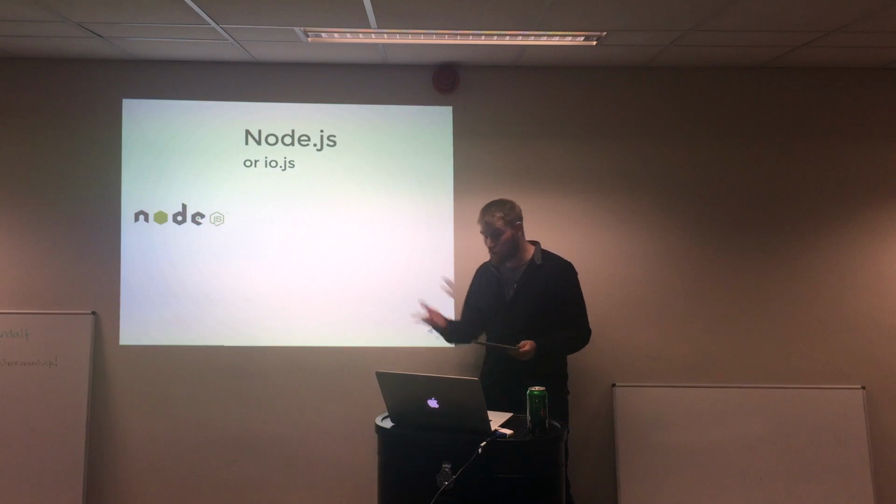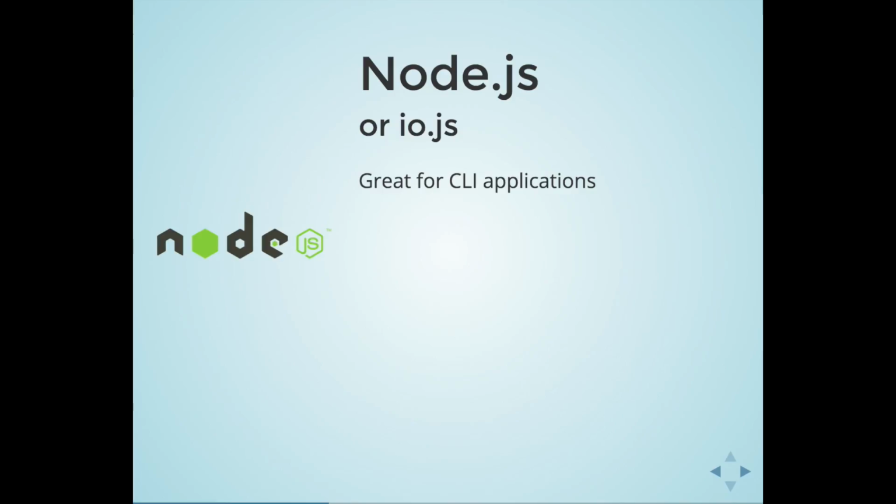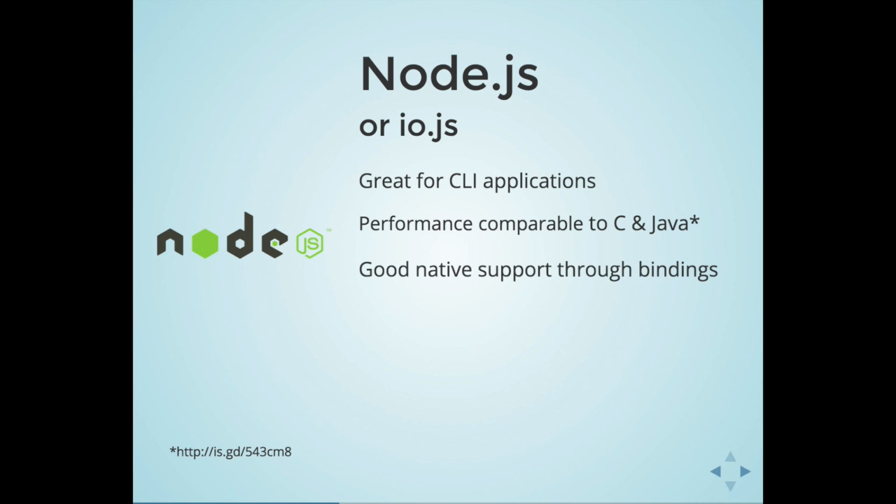So Node.js, or IO.js even, it's great for CLI applications. Its performance is really comparable to C and Java. Again, these slides are going to be up. There's a reference link down there. You can check it. I'll post it up to the meetup page. It's really fast. It's had a lot of time spent on it around optimization.